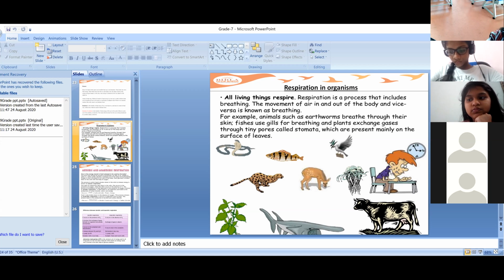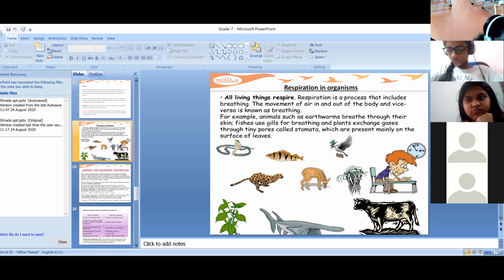So here, children, respiration is very important. It is the process in which you inhale and exhale gases. The exchange of gases takes place between plants, animals and human beings. There are different types of respiratory organs in animals.